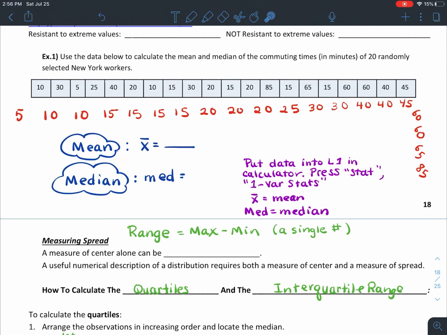Sorry that this data goes down the page a little bit, but we would add all of those up and divide by 20 to get the average. I'm just going to give you here that the average would be 31.25 minutes. If we were to calculate the median, we would need to first rearrange these numbers from least to greatest.